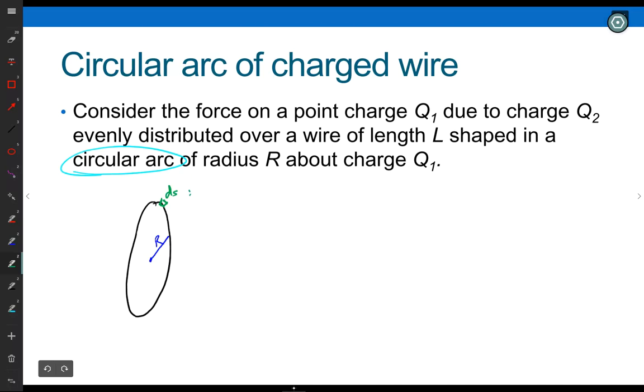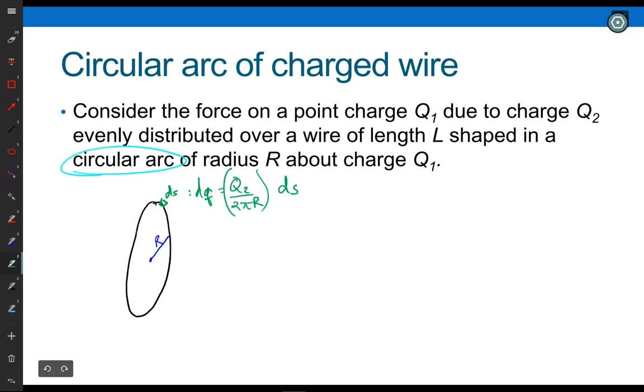and it's going to have charge dq equal to the charge per unit length. Well, that wire has a total charge of Q2 divided by the entire length. Well, what's the length of a circle? It's 2 pi r. And then I have to multiply it by ds.